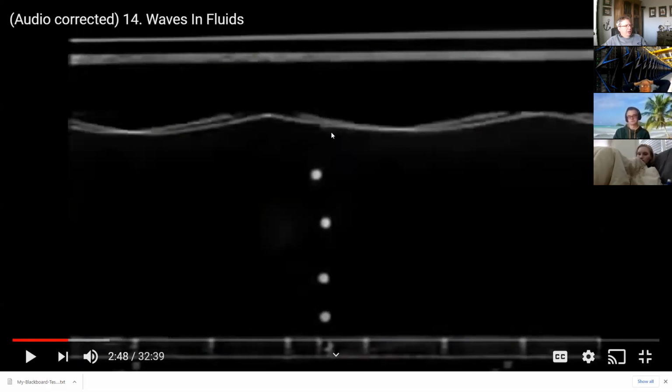A tsunami is a shallow water wave because its wavelength is way longer, like thousands of kilometers compared to the depth. So this is a deep water wave. Wind creates waves. Those are called deep water waves.